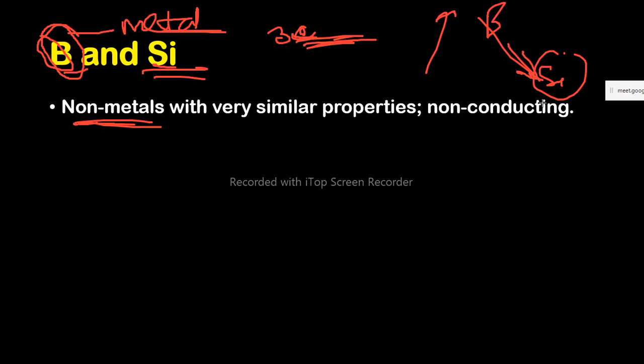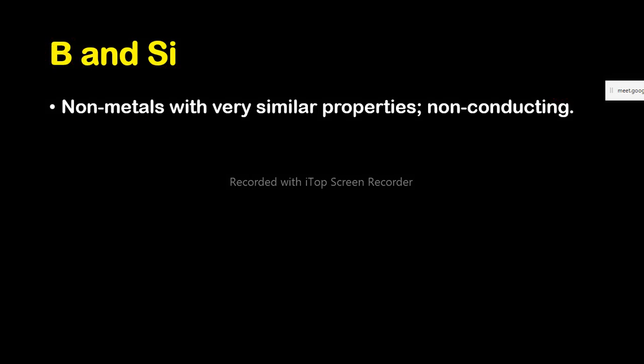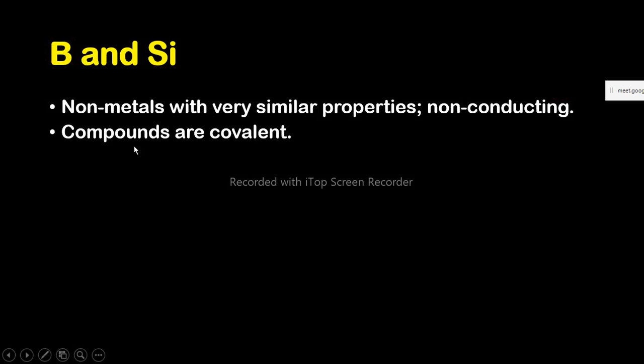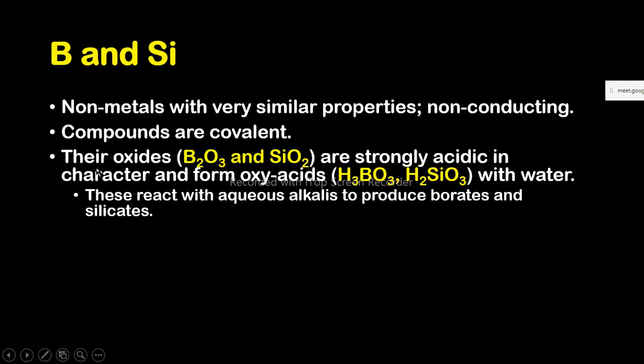Okay, for example, let's check on those reactions. Number one, they all do form covalent compounds. Why? Because they are non-metals. Their oxides, the boron oxide and the silicon 4 oxide, are strongly acidic. What does that mean?